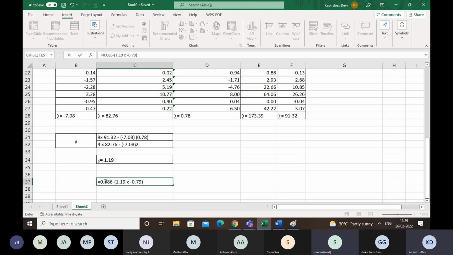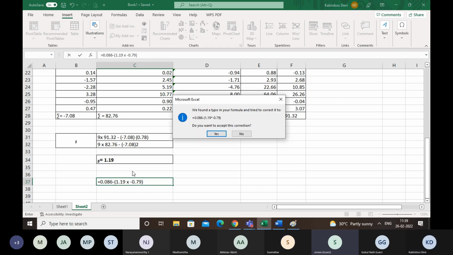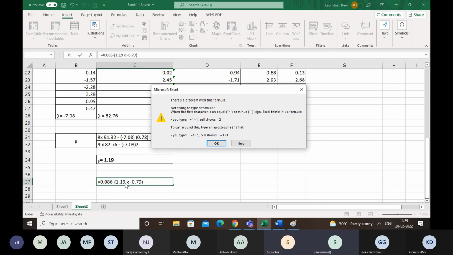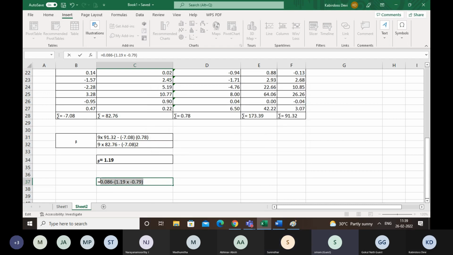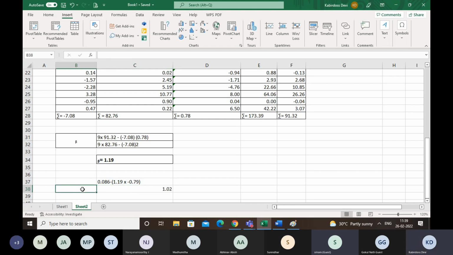So what is the value? 1.02. 1.02 is alpha, right? So this is the alpha value, this is the beta value.